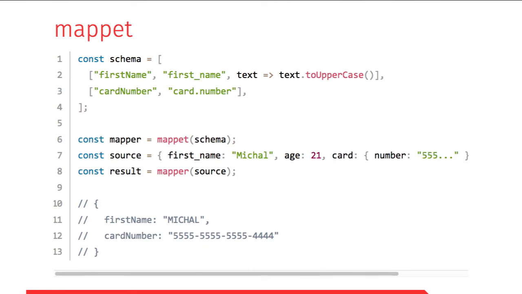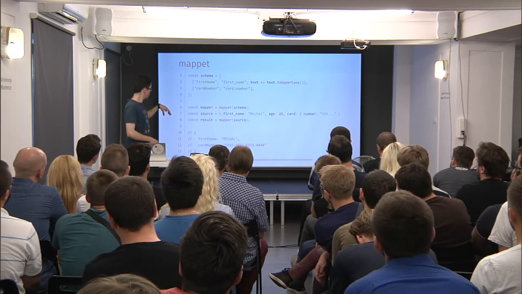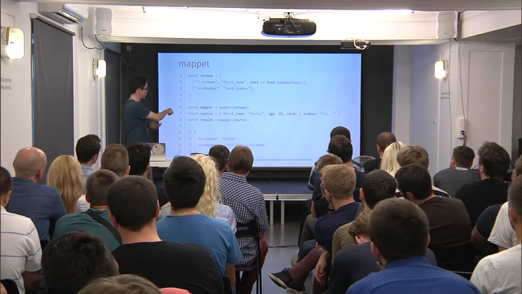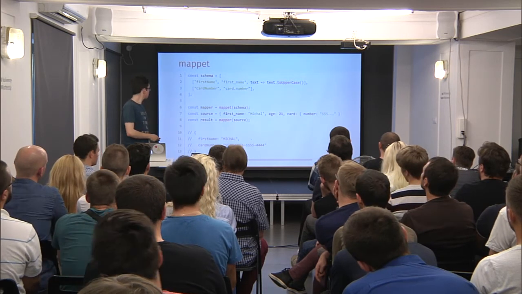You define some schema and an optional modifier, and then you create the mapper with mapped. Then there's the source object, and we can create the result from that source using our mapper, and that's the result.